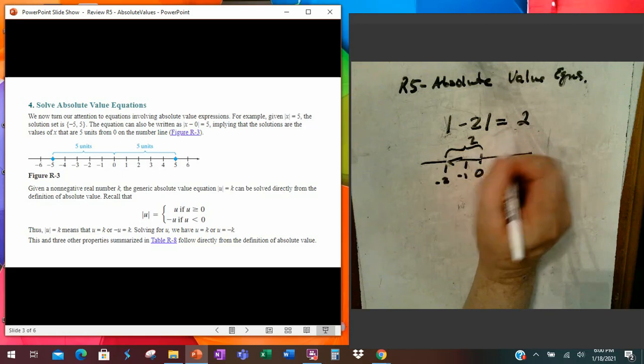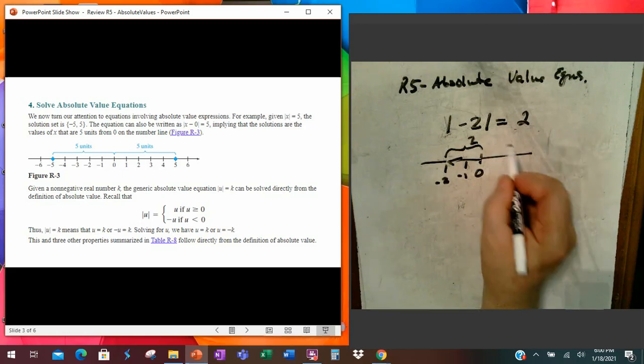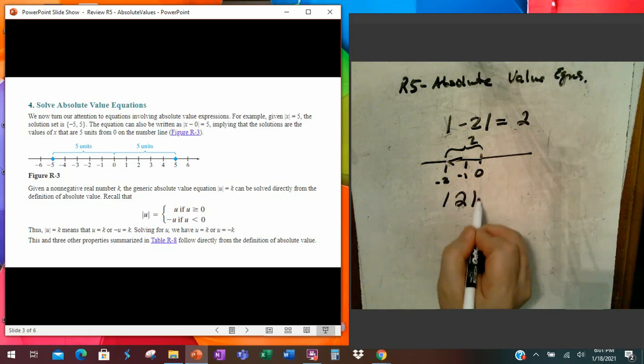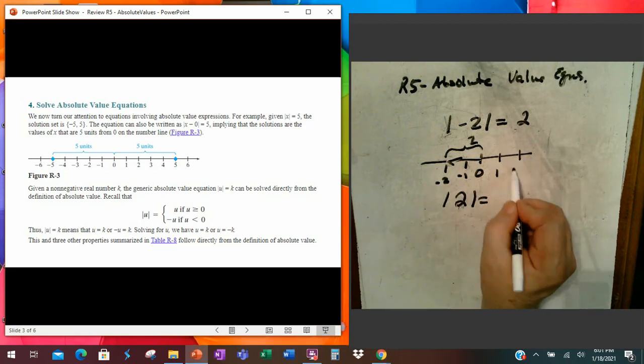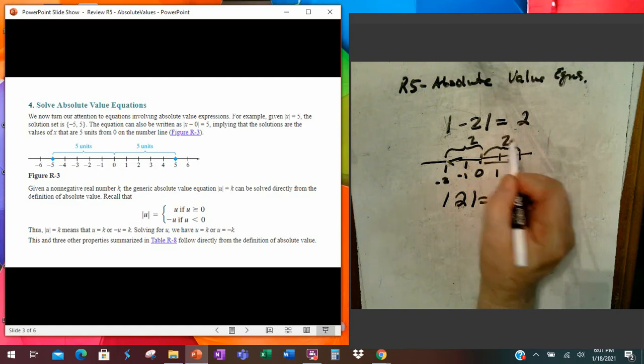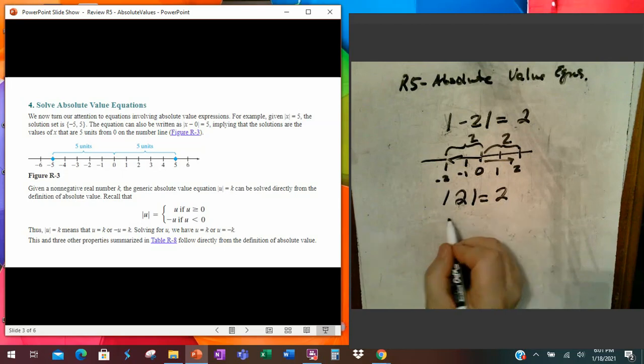I'm just 2 units away from 0. In addition, if I go this way, 1, 2, this distance is 2. So the absolute value is just giving me that distance, not the direction I'm traveling. And both of these are 2.